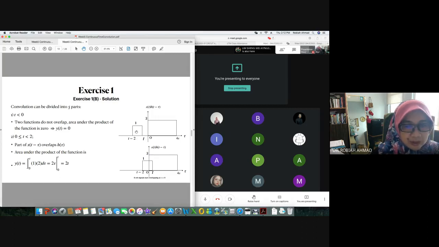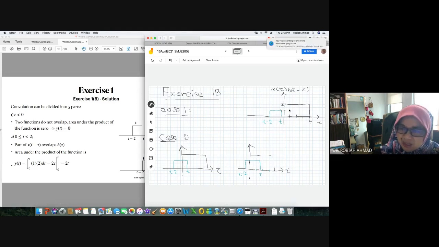So if we can imagine, there are about five cases. One where the two signals do not overlap, and then start to overlap, and then fully overlap, and then start to leave the one that stayed, and finally no overlap. Jadi kalau kita lihat di sini, I can show you this. This is the Jamboard. Okay, so we're going to have about 5 parts when we want to do the convolution.